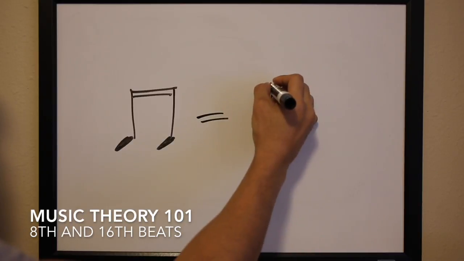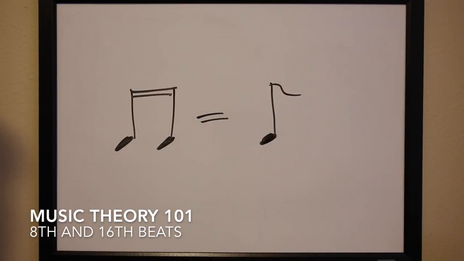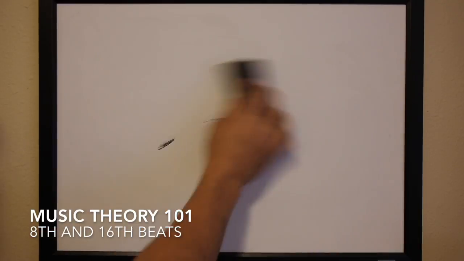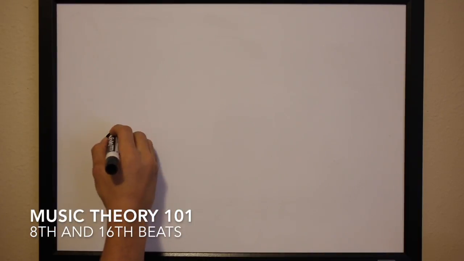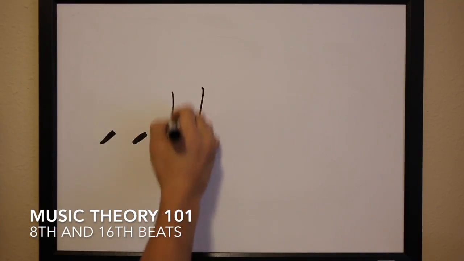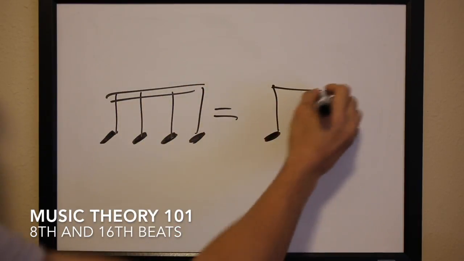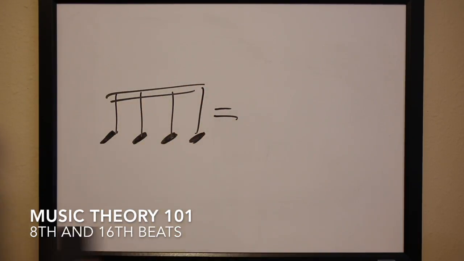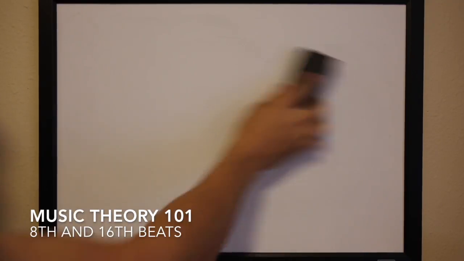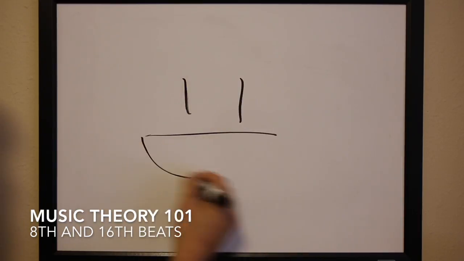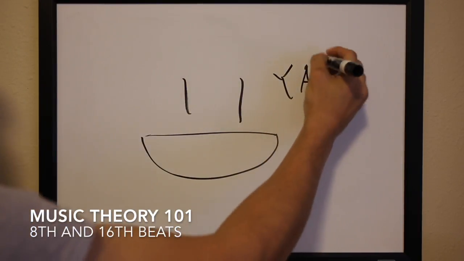Notice how the 16th beat has two flags and the eighth beat only has one. If I have four 16th beats, I get two eighth beats, or one quarter beat. Congratulations, now you know eighth notes and 16th notes.